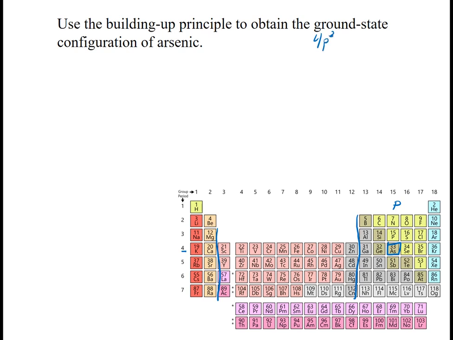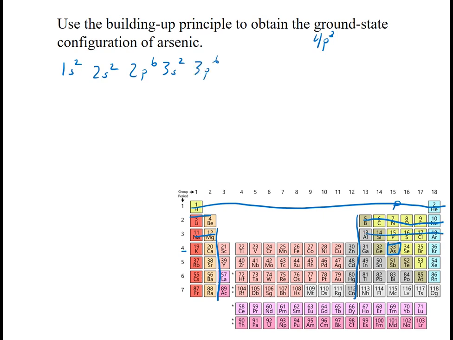So I go across: 1s2, 2s2, 2p6, 3s2, 3p6, 4s2. Now, when I drop into D's here, it becomes 4 minus 1, so it's 3d10, and then I get to my 4p3. This is the method I prefer.